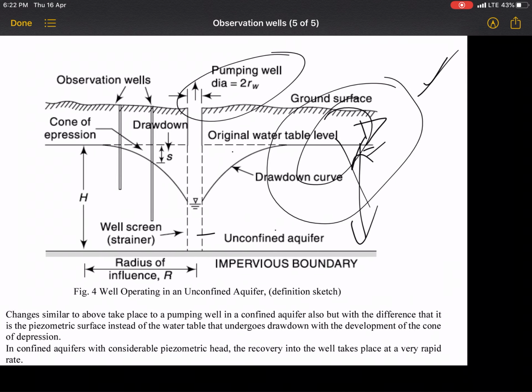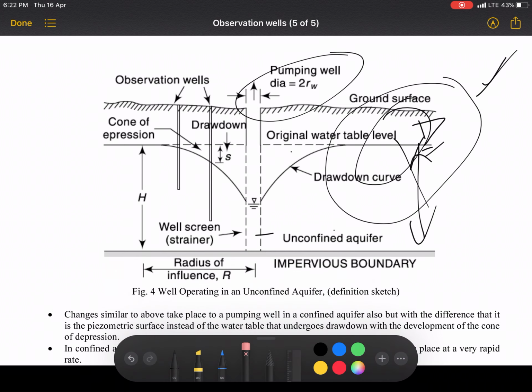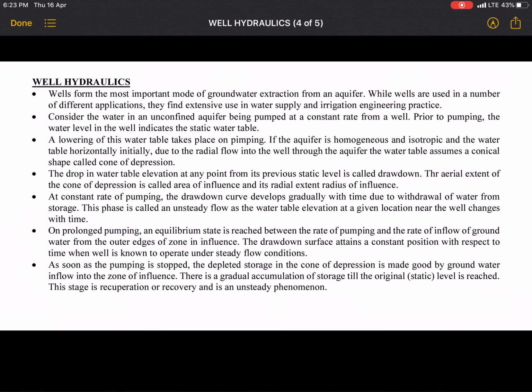One more thing, let me show you. If the pumping is stopped, and the well is of confined or artesian type, the reduction in the water table due to this extraction of water will be compensated very soon.